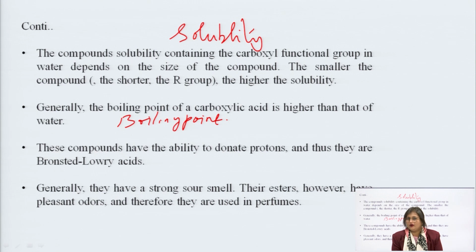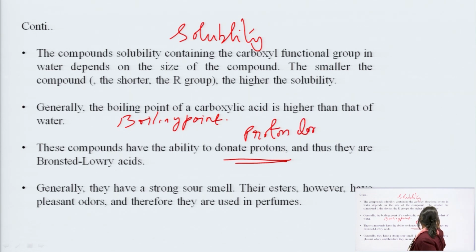These compounds have the ability to donate protons, and thus they are Bronsted-Lowry acids. Being active proton donors, they are known as Bronsted-Lowry acids due to their ability to donate protons.